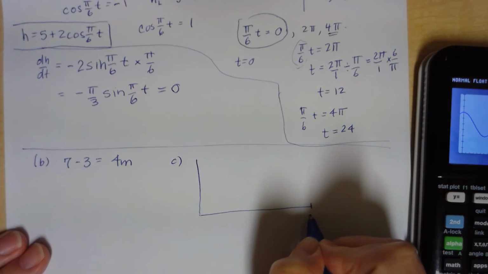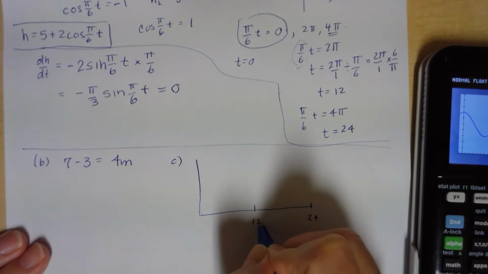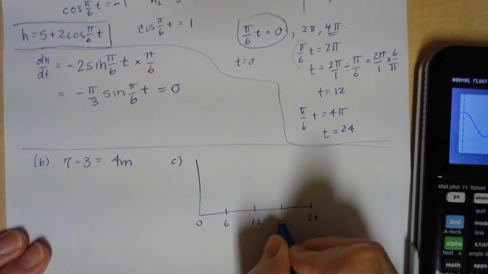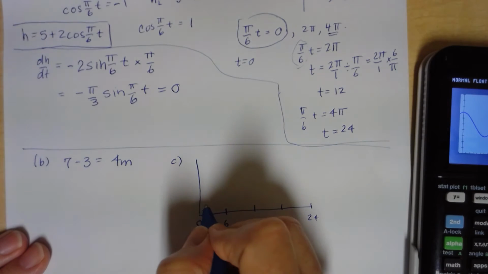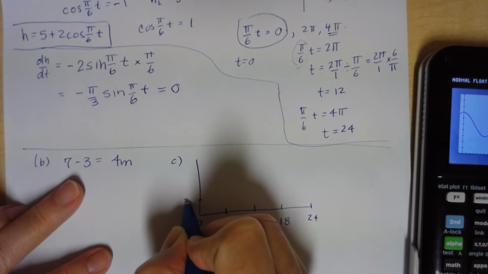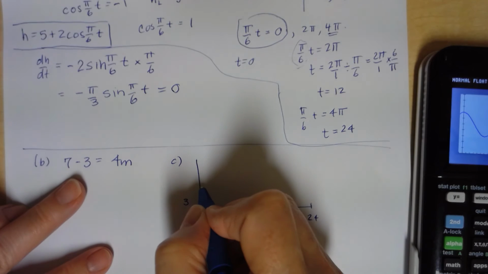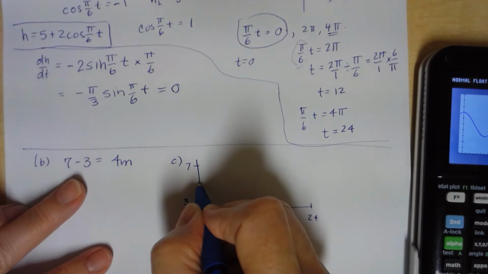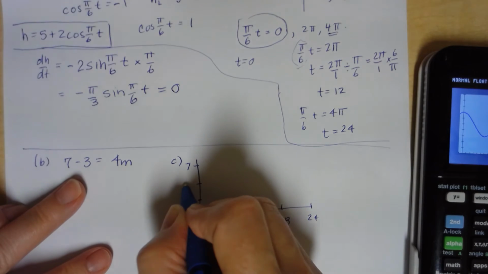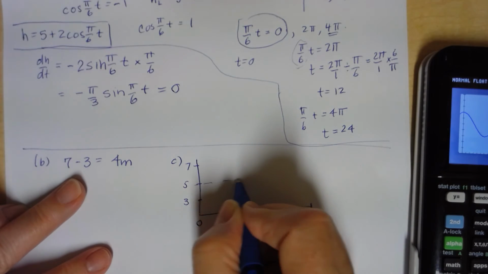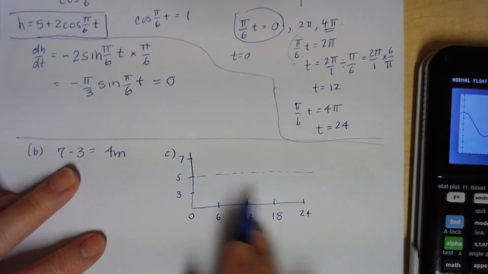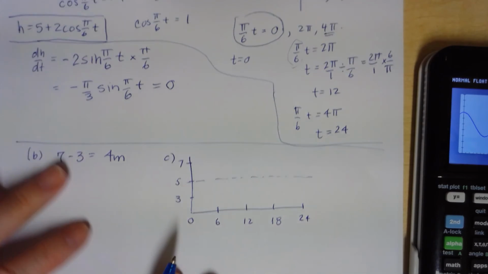So 24, 12, 0, I might put 6 and 18 in, and I'm going to put in 3 and 7, and right in between there the average of those two numbers is 5, so that's where my equilibrium is. Okay, and I could tell that from my function here.